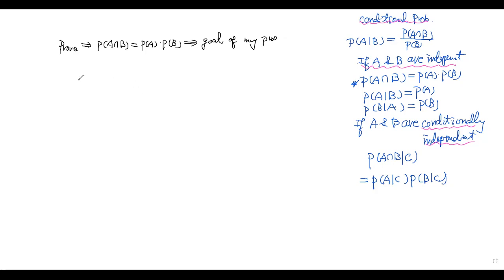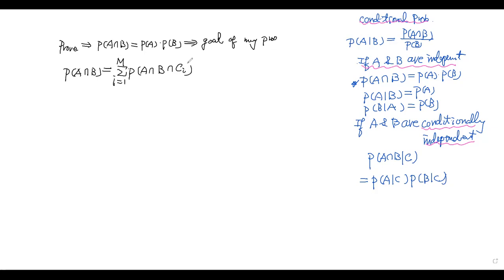Now let's take a look. Let's start with the left-hand side, P(A intersect B). Because we know C1, C2, to Cn are the partitions, I can rewrite this as the sum from i equals 1 to n of the probability of A intersect B intersect Ci.